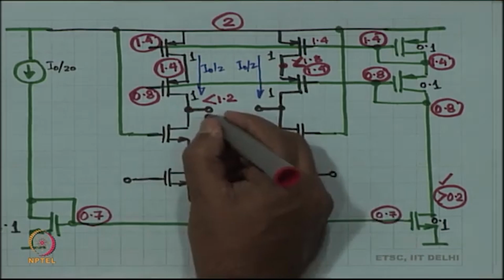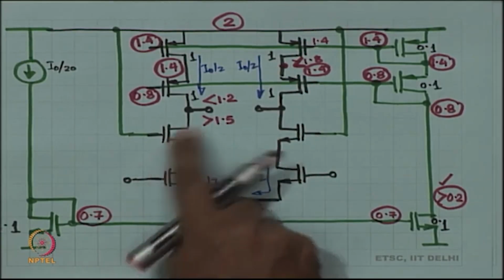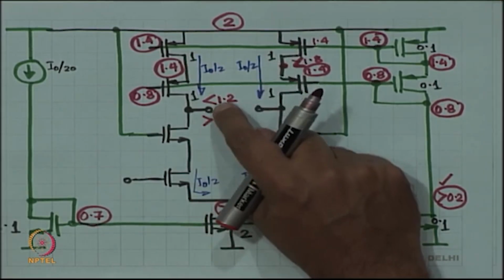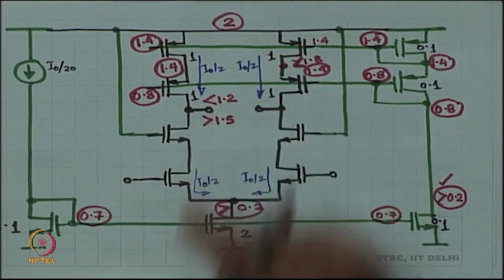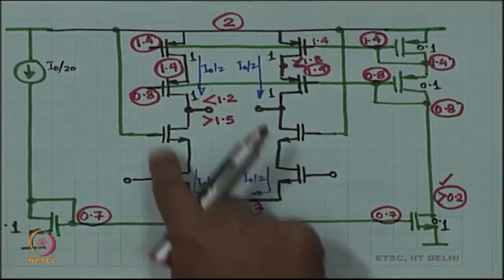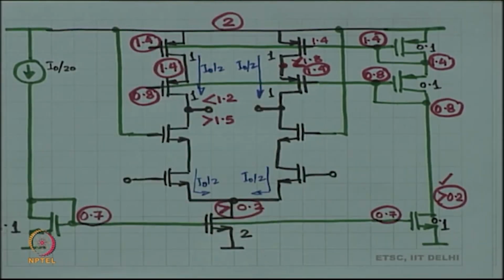So, we have a violation, right. This NMOS is saying that the voltage here has to be more than 1.5. The PMOS is saying that no, the voltage here has to be less than 1.2. So, in either case you have a conflict, and therefore, this can't be at 2 volts. This has to be placed lower.